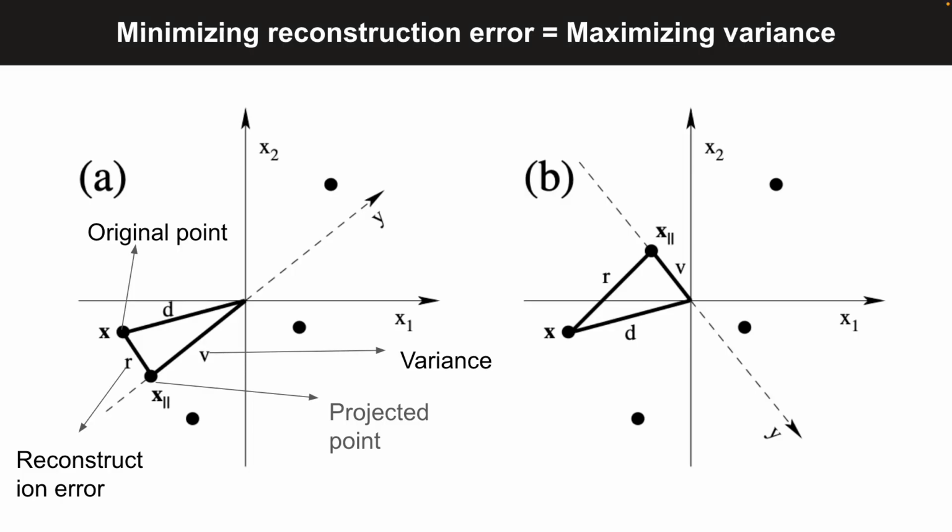And that's the direction that you want, because you want to minimize the reconstruction error, which is equivalent to maximizing the variance, which happens to be in a direction intuitively. There's no mathematical formulation that you're going to do. It's going to be intuitively in the same direction where you see a lot of variation happening in the data. Okay? Everyone with me so far?